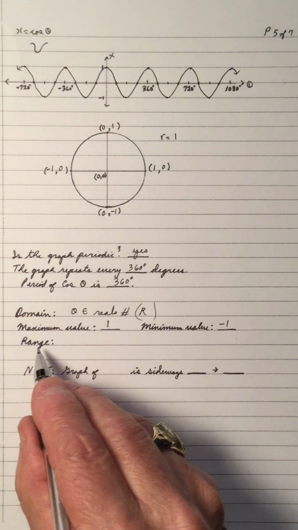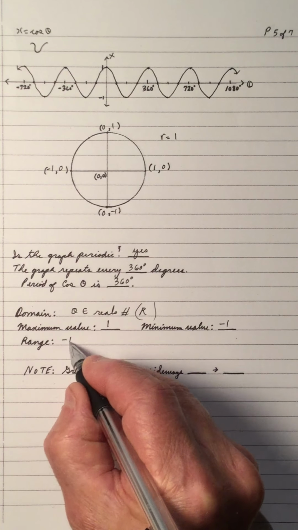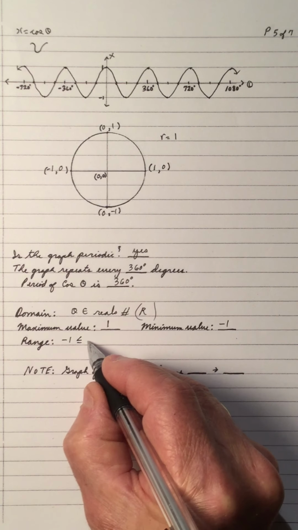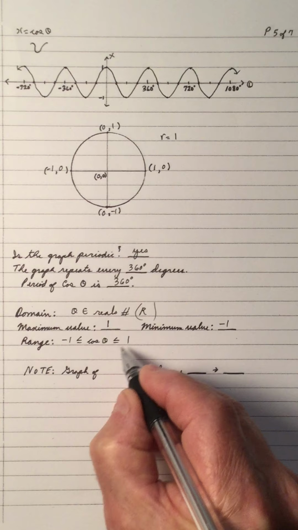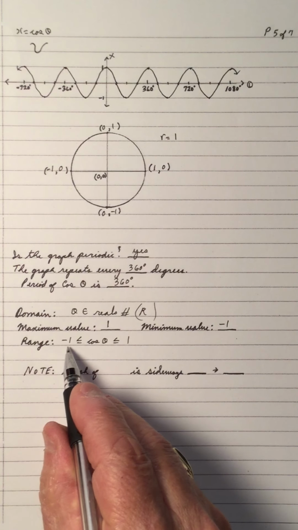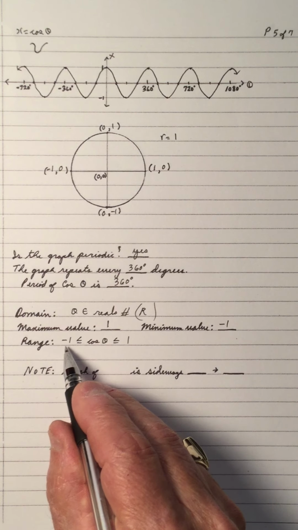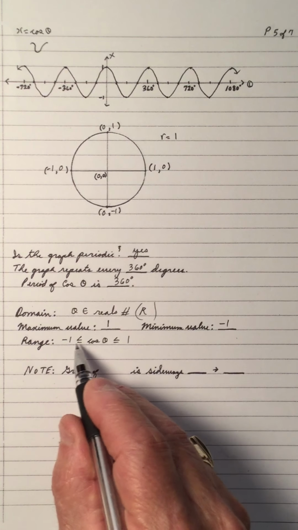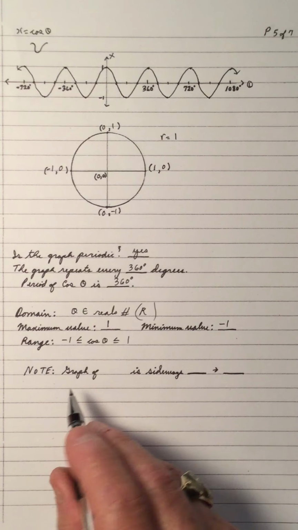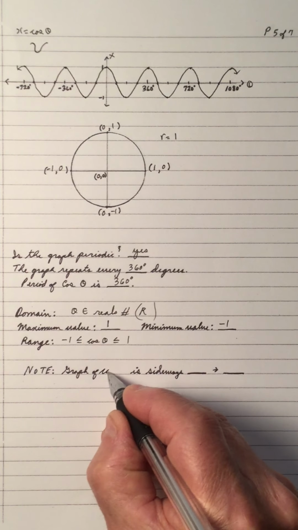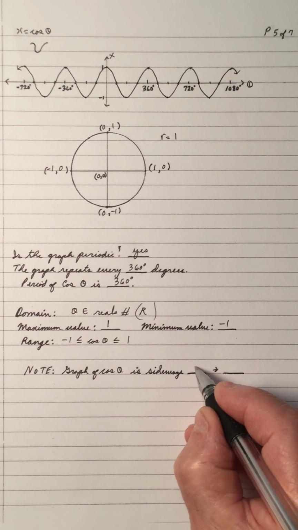So the range is -1 less than or equal to cos theta less than or equal to 1. So the smallest value is -1 going up to 1. The values for cos are equal to -1, equal to 1, and all the values between these two. And note the graph of cos theta is a sideways C.